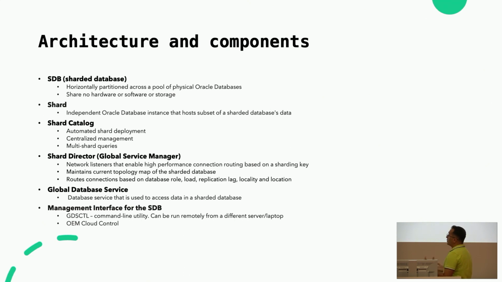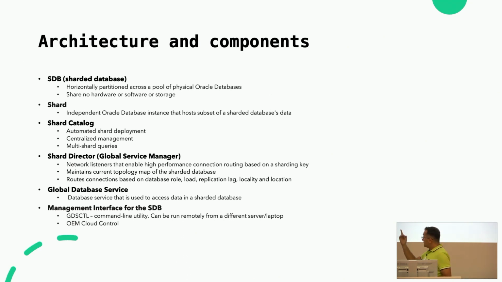Now, in order to have a sharded configuration, you need to have something called a shard catalog. Picture this shard catalog as an RMAN catalog where you keep all the metadata related to your schema, as well as metadata about the shards themselves. So the topology, for example, which services run on which shard, which objects are created, and things like that.